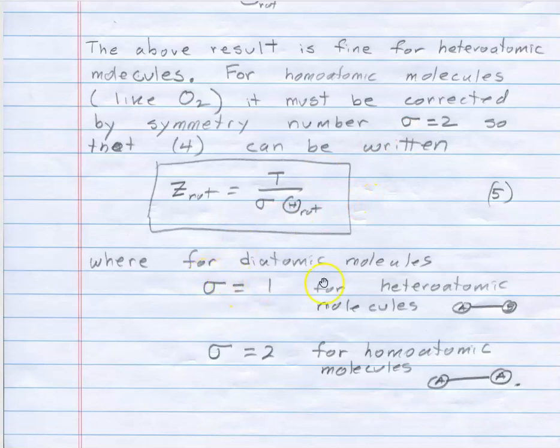For us, and for diatomic molecules, and for linear molecules that are heteroatomic, the symmetry number sigma that I've introduced here is 1. These would be for diatomic molecules that have an atom of type A here and an atom of type B here that are different.